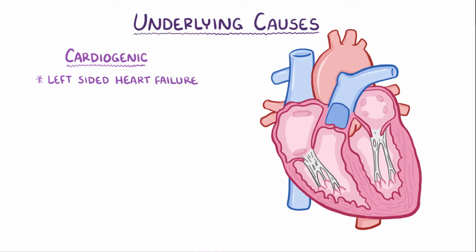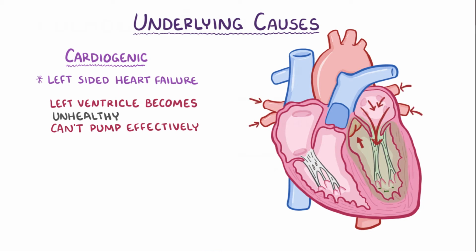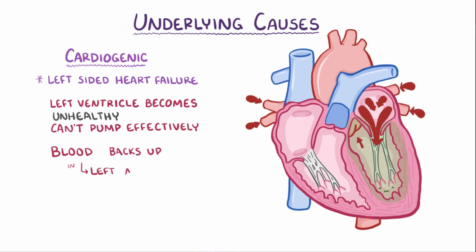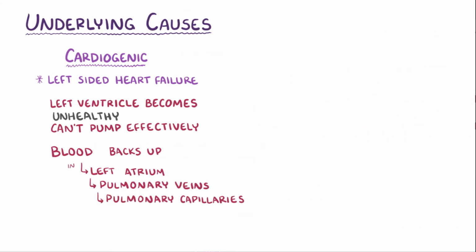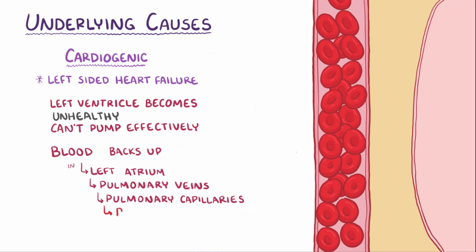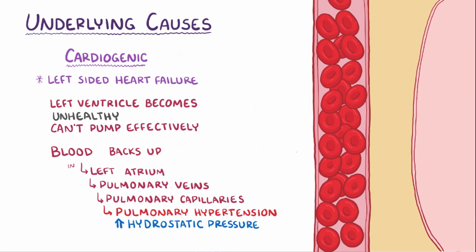And in left-sided heart failure, the left ventricle becomes unhealthy and can't pump effectively, which means that blood starts to back up into the left atrium, and then the pulmonary veins and pulmonary capillaries. The extra blood in the pulmonary capillaries causes pulmonary hypertension, which is an increase in the hydrostatic pressure of the pulmonary blood vessels. And this pushes more fluid into the interstitial space of the lungs, which leads to pulmonary edema.